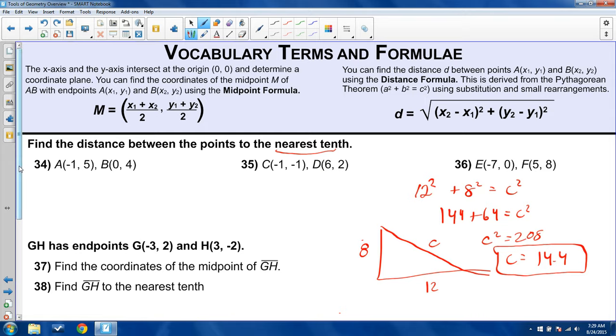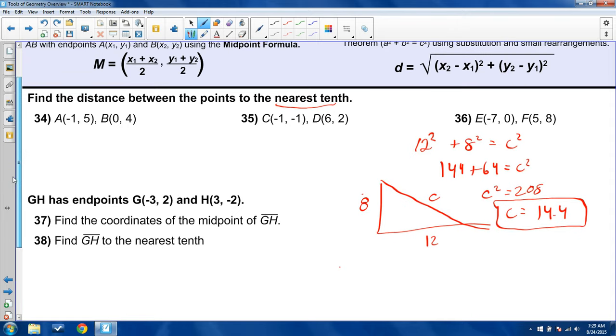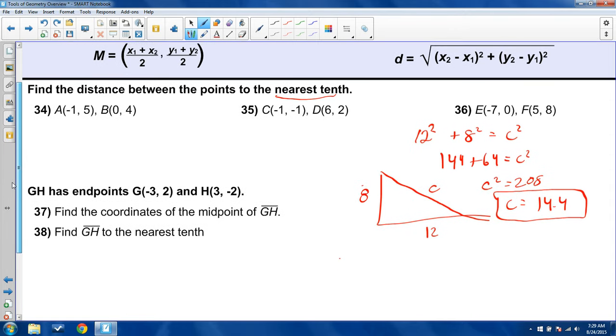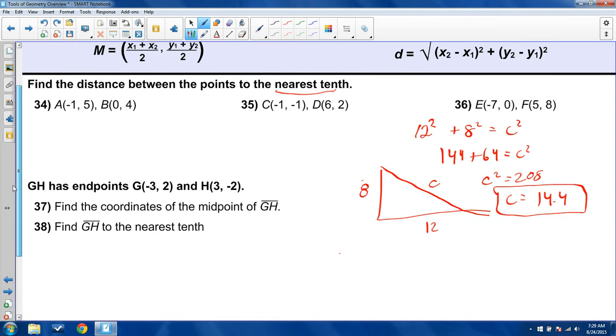Okay. Let's do some midpoint problems keeping this formula in mind and the same ideas I was talking about before. There are some ways you could visually make these happen as well. Okay. Find the coordinates of the midpoint of GH. Okay, so I'm going to make a little graph.